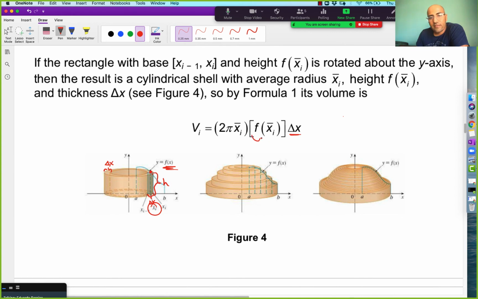So plugging x sub i bar into the f function will give me the height. This is the width. This is the height. And now we need the circumference all the way around to give me the volume of this.